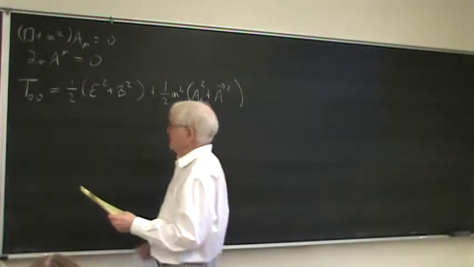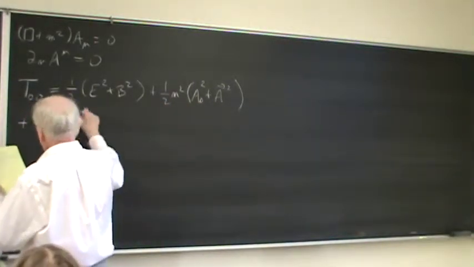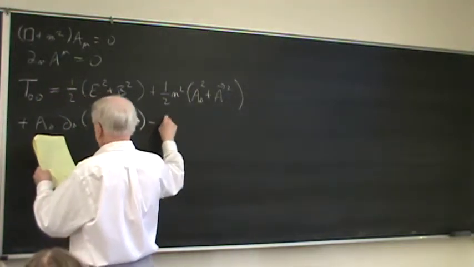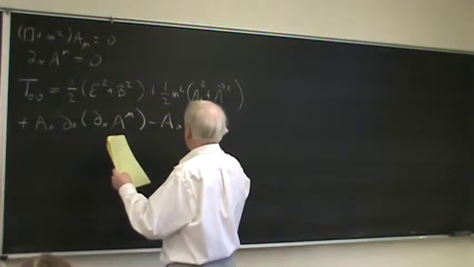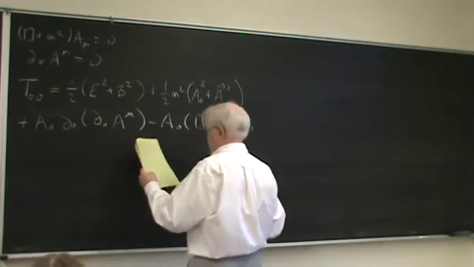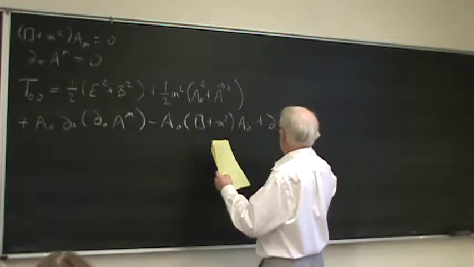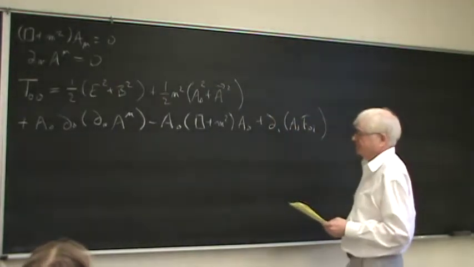But there are three other terms. And the three other terms are A0 ∂0 of ∂_mu A^mu, minus A0 (box plus m squared) A0, which may have been integrated by parts here, and then ∂_i (A0 ∂_i A0). Okay.